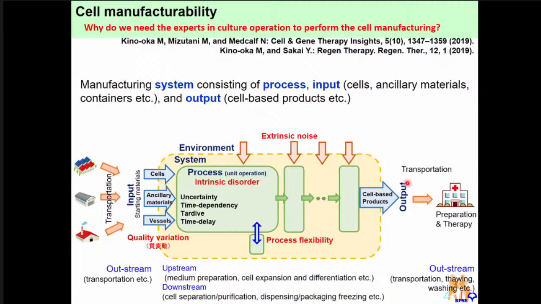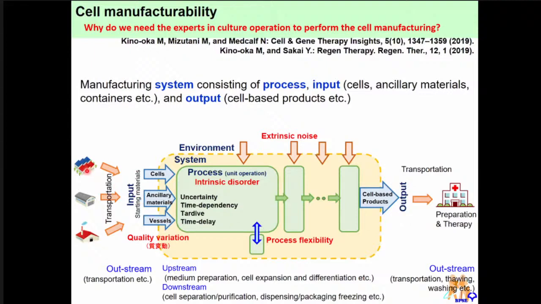I mean, to get the stable quality of the product. First, we have to consider what is the input. If the input making the variation, easy to fluctuate the output quality. So what is the input?